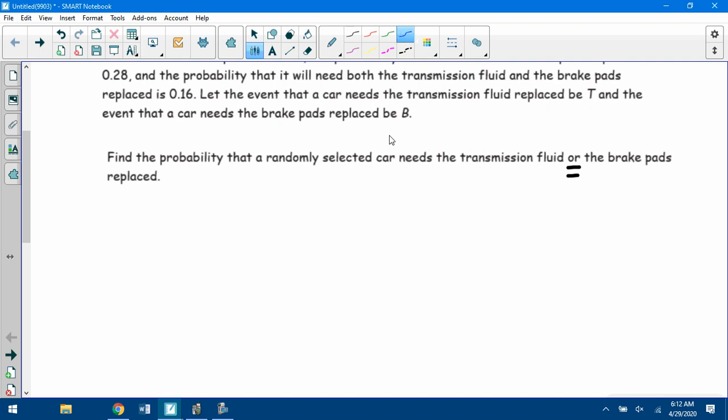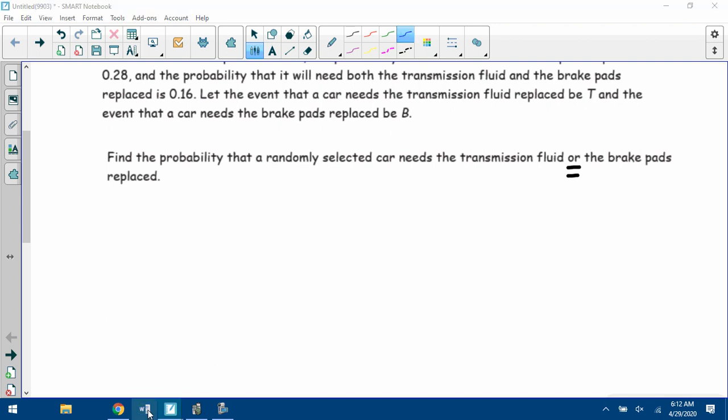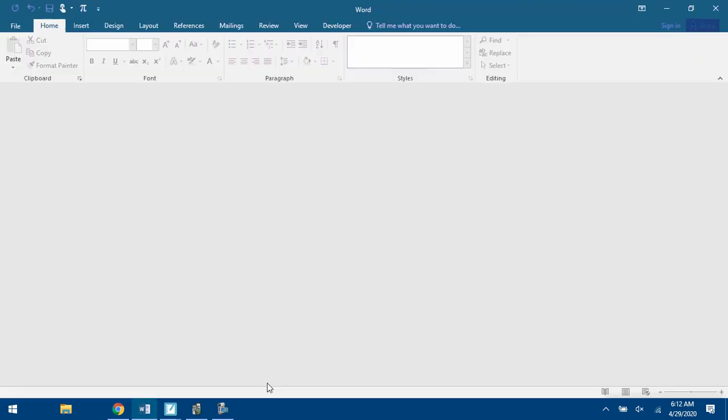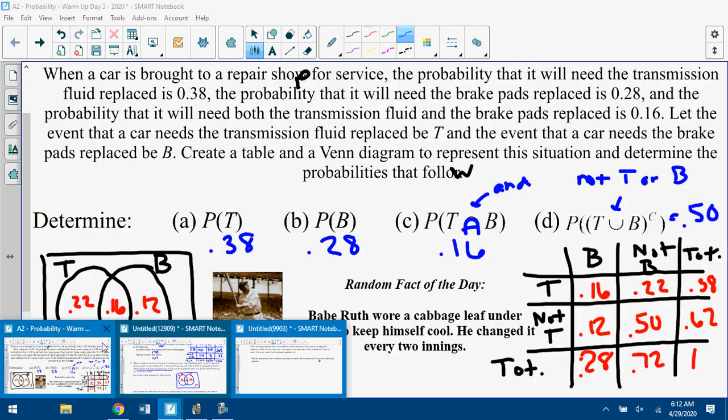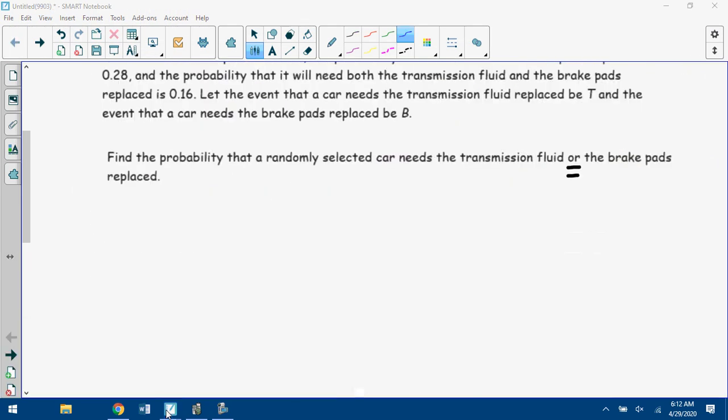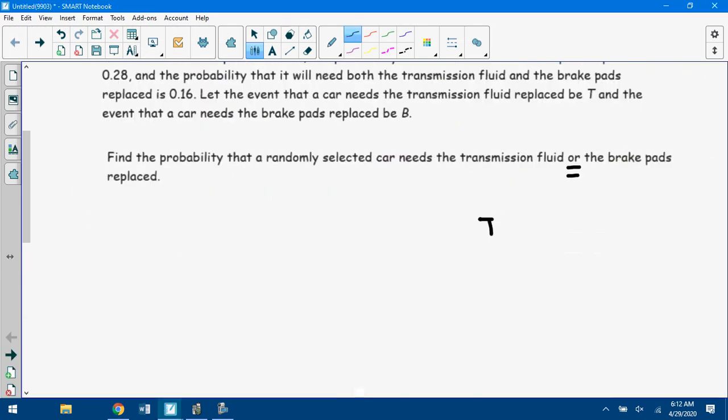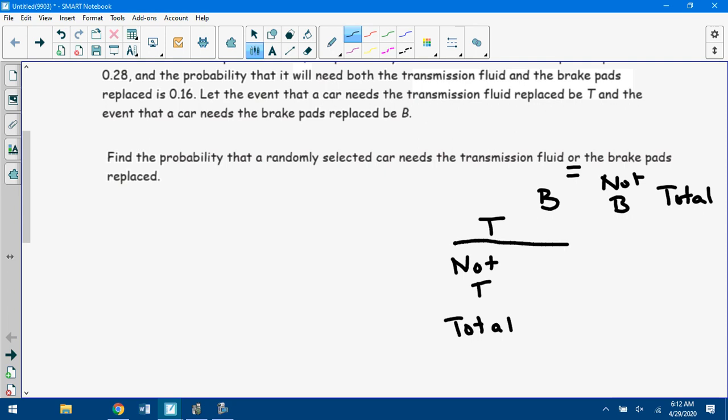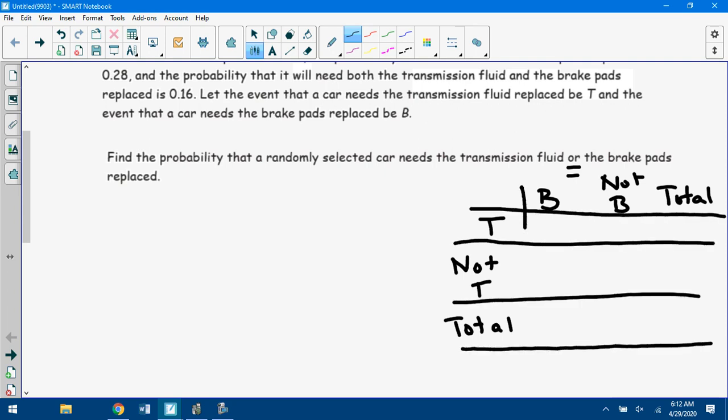I'm going to make the table. And this is going to be exactly the same as the table that I made right here. So we'll do transmission, not transmission, brake, not brake, and then totals. And I'm not going to spend time going through all the calculations because, again, this is exactly what we just did in the warm-up.